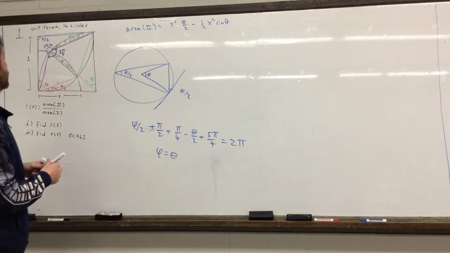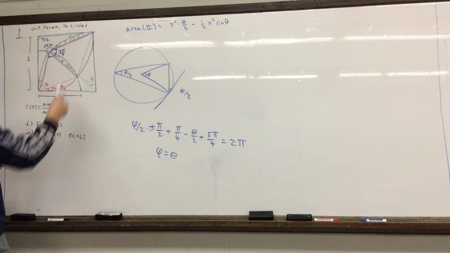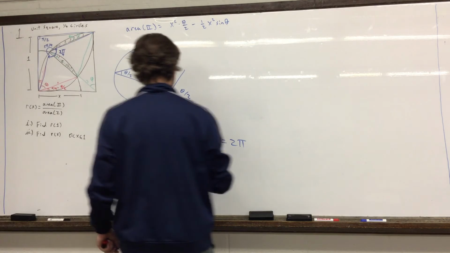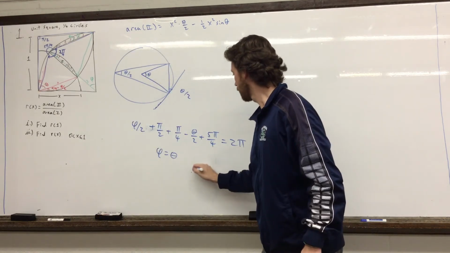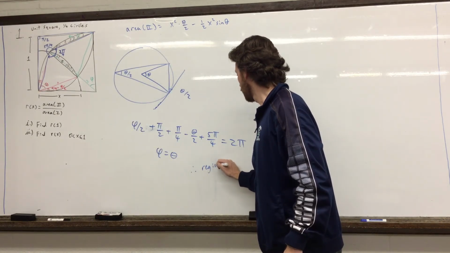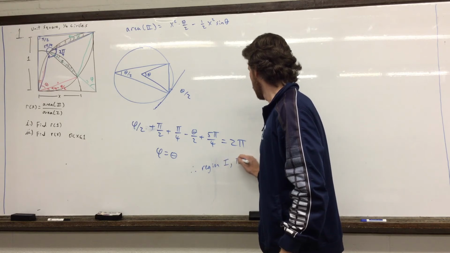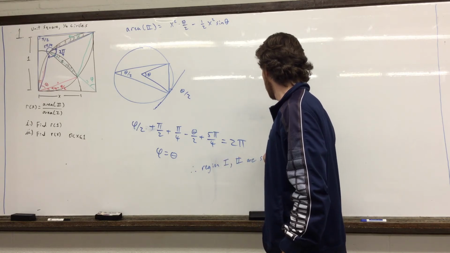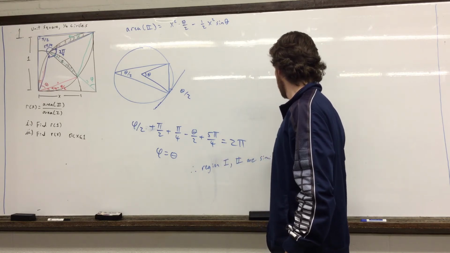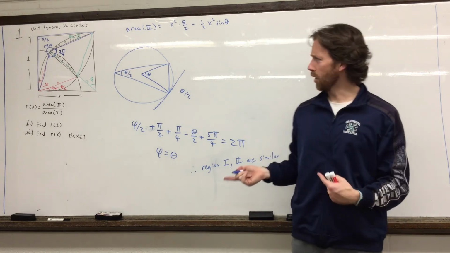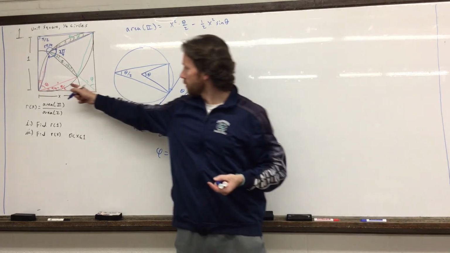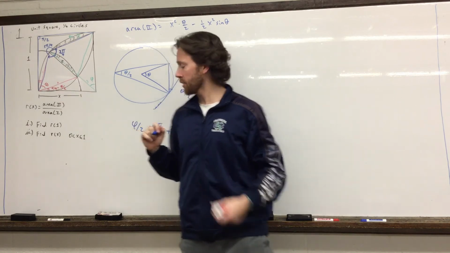That's great. That means that region 1 and region 2 are similar, and the length ratio is x.